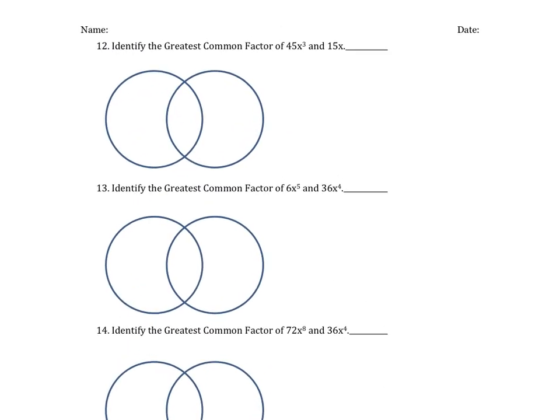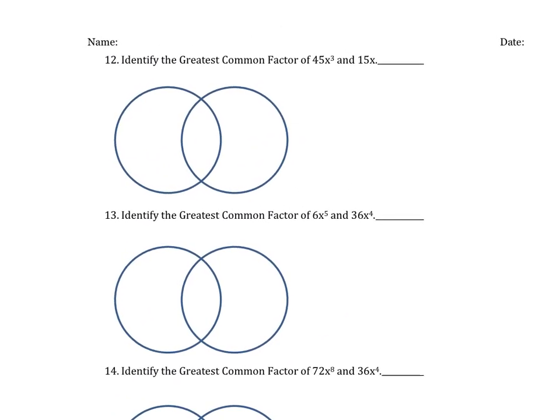All right, so now we're going to do 45x cubed and 15x. So like always, write your numbers up here. And 15x. I know that 1 times 45 gets me 45. I know that 3 times 15 gets me 45.